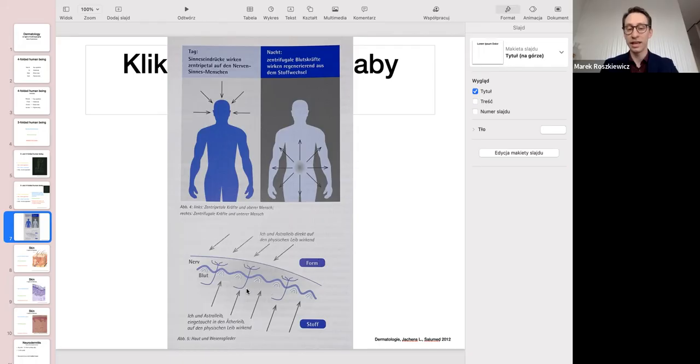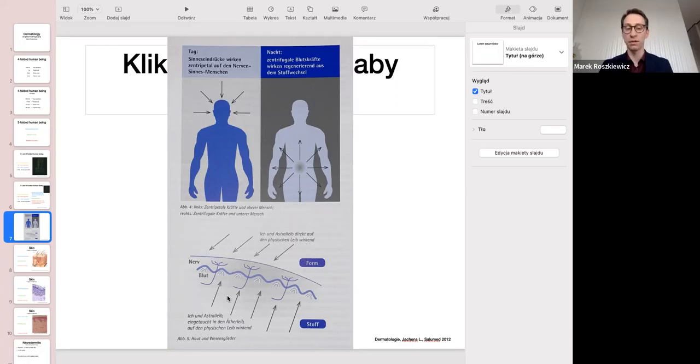And what is important regarding the skin, as you can see below, is that we have these two polarities of nerves and blood. Through the nerves and from the outside world, a more forming activity is coming. So the human body is being shaped a bit from the outside also, and we will see in skin diseases how the form activity will occur.